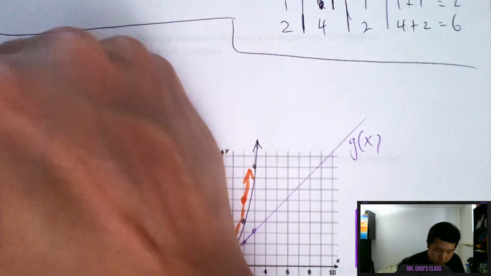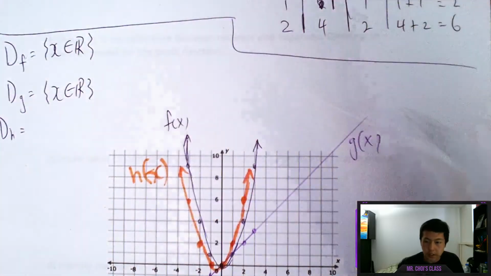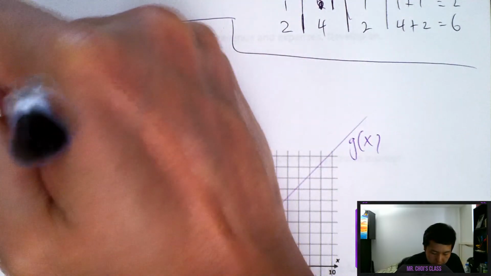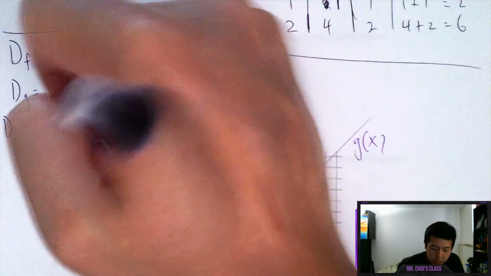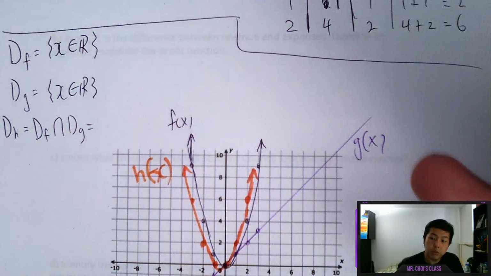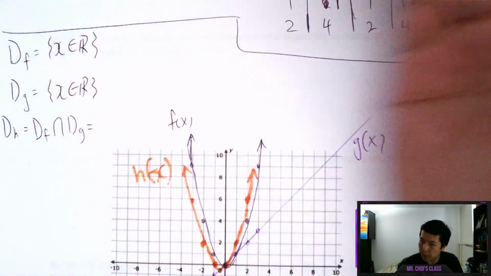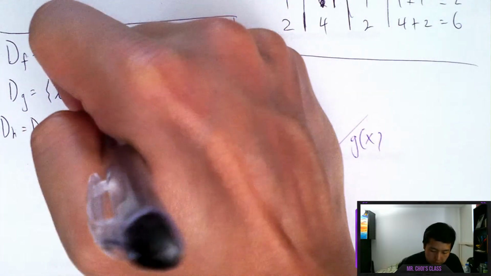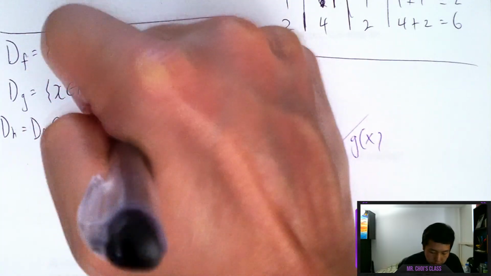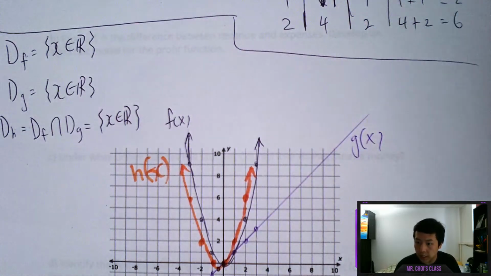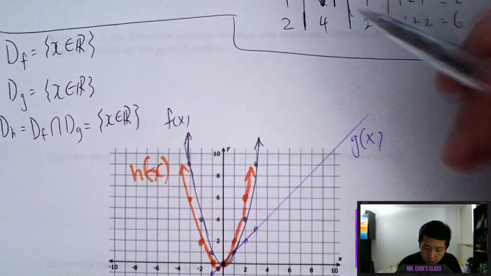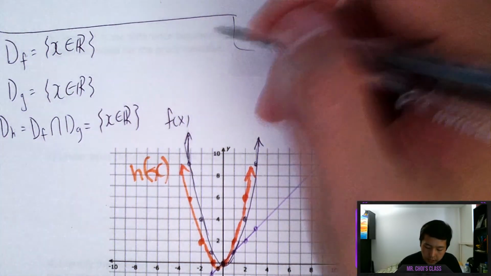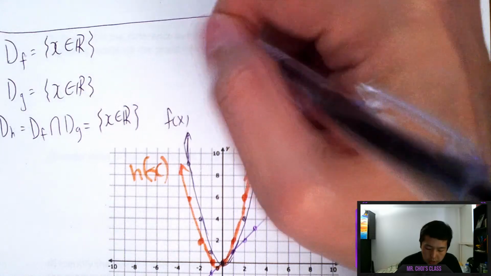And you'll notice the domain of h is the overlap, or the intersection, of the domain of f and the domain of g. Is that still true? Yes, these are overlapping perfectly, and when we graph the function, the domain is also exactly the same. It's a parabola, and the domain is x is any real number. So that's true. Now, for the second part here, let's look at the range of f.